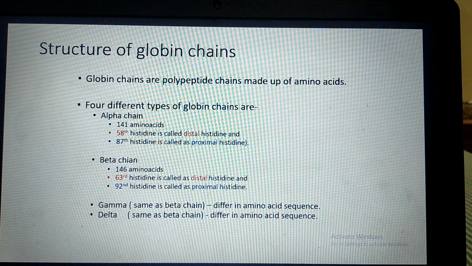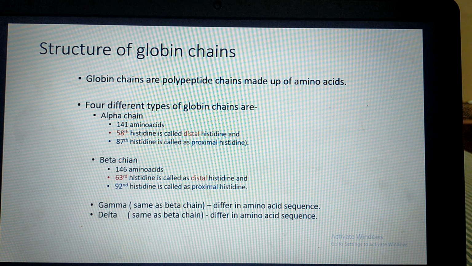But when they form a hemoglobin structure, there is folding in the globin chain, and during that folding the 87th histidine residue comes closer to iron, and hence it is called proximal histidine, and the distal histidine is placed a little bit behind in the folding.